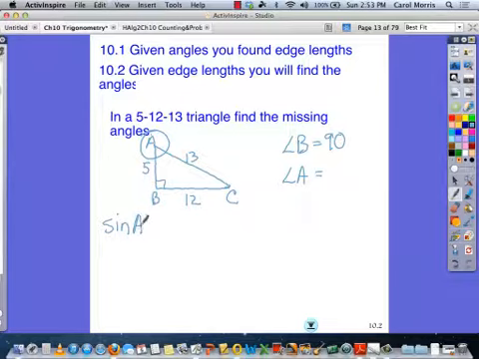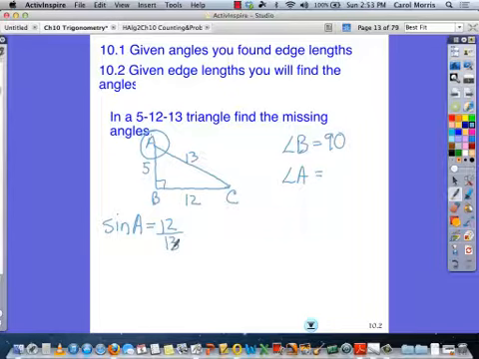Sine of angle A, which we don't know, A is our variable in this case, has to be the opposite over the hypotenuse. We know the opposite edge is the 12. We know the hypotenuse is 13. Now, you could, with the help of your calculator, probably divide out 12 divided by 13 and get a messy decimal. But what you have to remember is that we can undo anything in an equation. So here we have the sine of an angle.